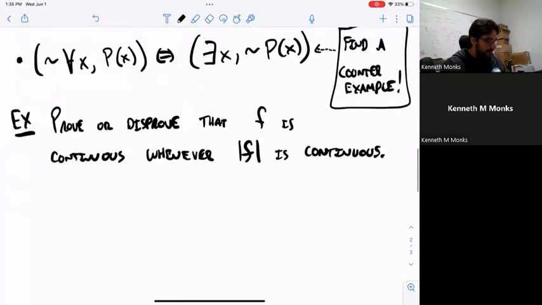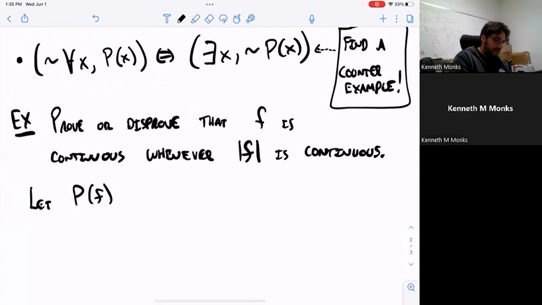So what really is going on here if we translate this into the domain of predicate logic, right? Really what we have is P of f being the statement f is a continuous function.